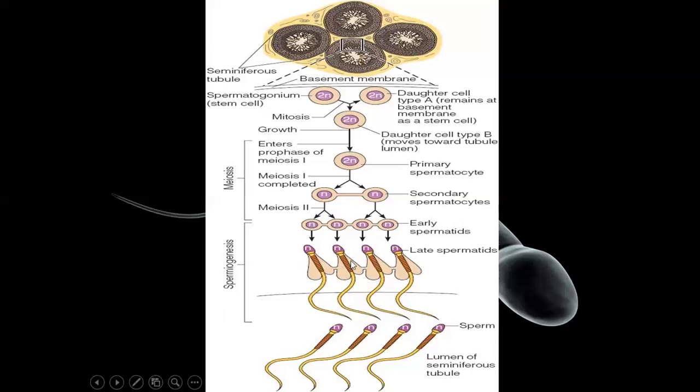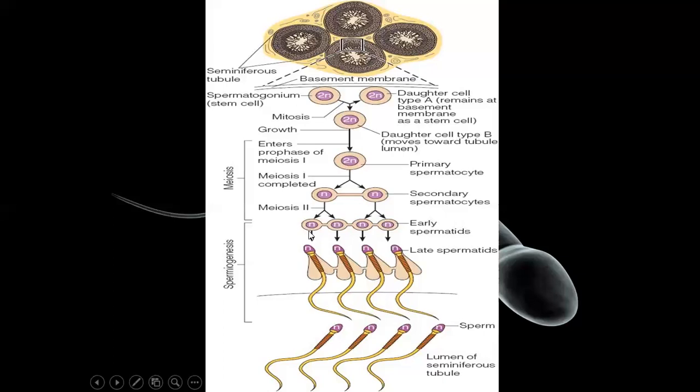Now, these spermatids will develop flagella, they will mature, they will learn how to swim in the epididymis. Once mature, they are temporarily stored in the epididymis until they are excreted out in the process of ejaculation. What's important to note here is that one daughter cell, type B, will produce four mature sperm.